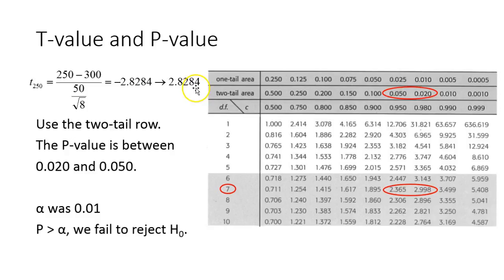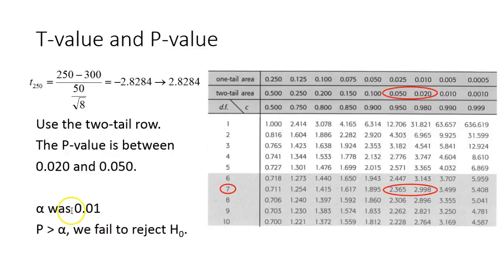And I have been keeping a lot of digits here just because I know it needs to fall between two numbers. So it should never really fall on any number. But here we're using the two-tailed test, and our degrees of freedom was 7. So our 2.8 is between the 2.3 and the 2.9, which means our p-value is between 2% and 5%, 0.02 and 0.05.